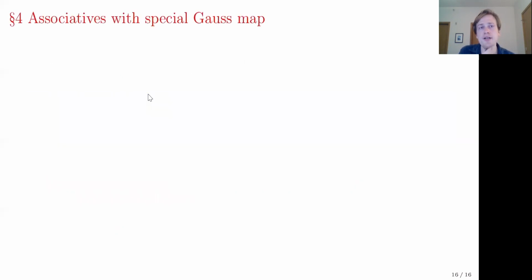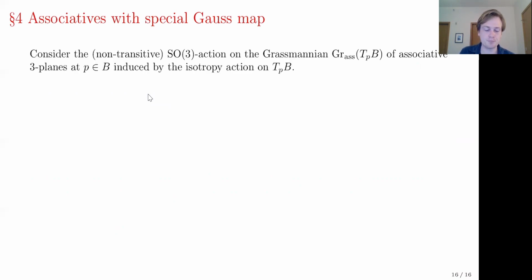The last thing I want to talk about, and I'll talk about it quickly, is our second condition. It's these associatives that have special Gauss map. So I first have to define the condition of having special Gauss map.